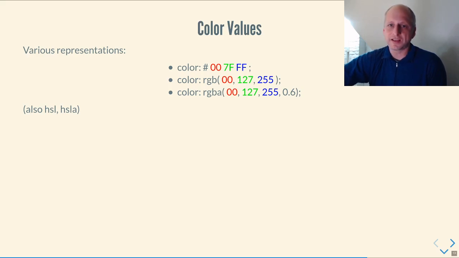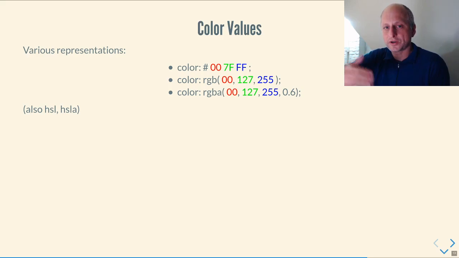The first is the hex representation, and the second is RGB, and then there's a modification of RGB called RGBA. They are really the same, they just use slightly different numbering systems. In each case, there is a set of values that represent the color as a whole.